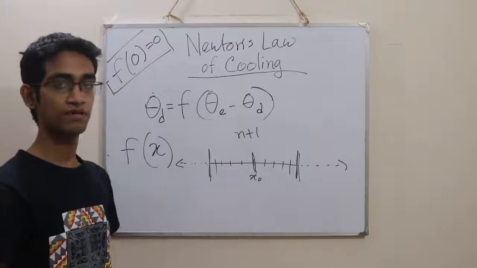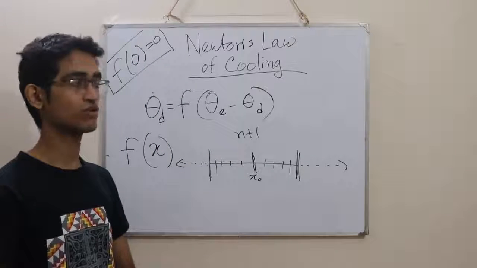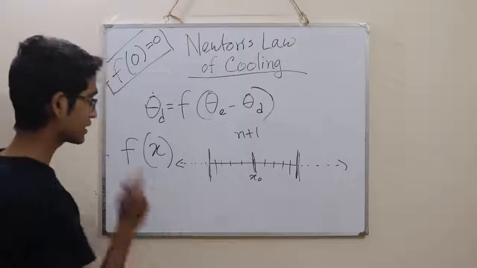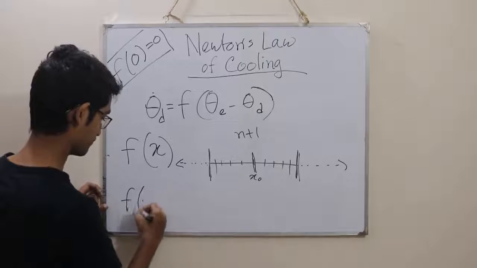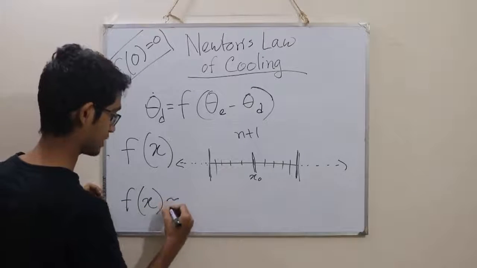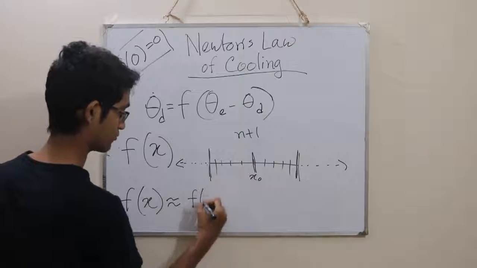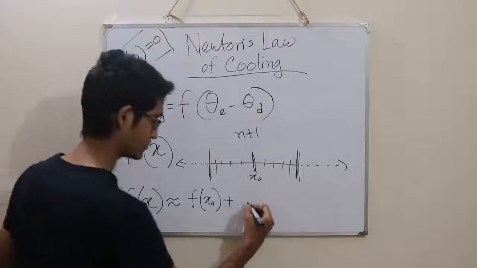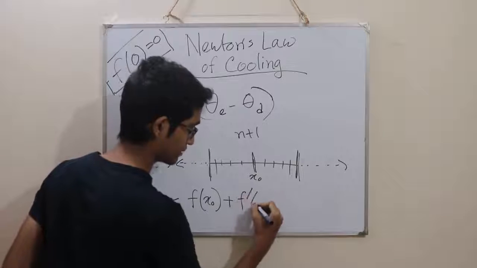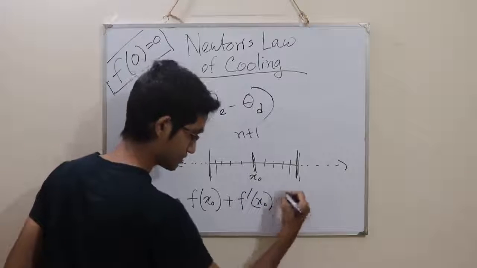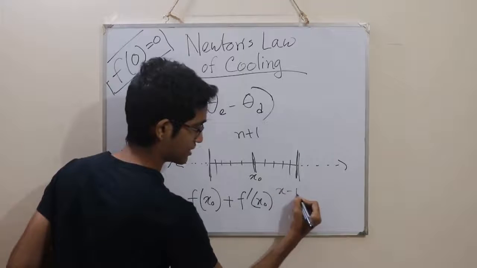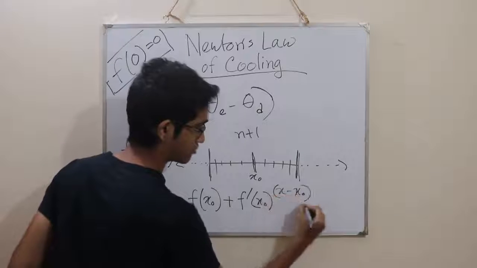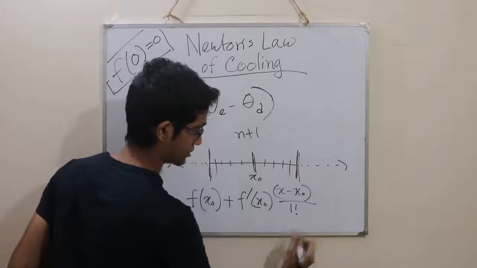So if we have all of these conditions met, then we can write the function f of x to be approximately equal to f of x naught plus f prime of x naught times x minus x naught divided by 1 factorial.